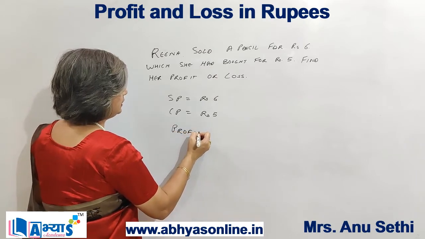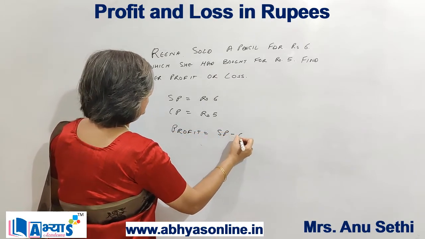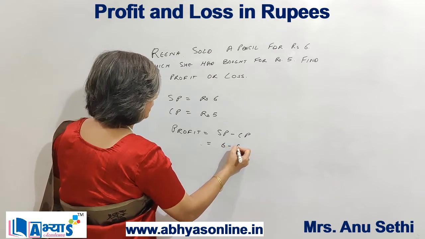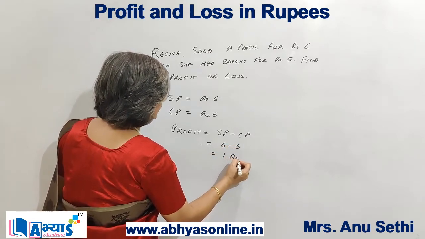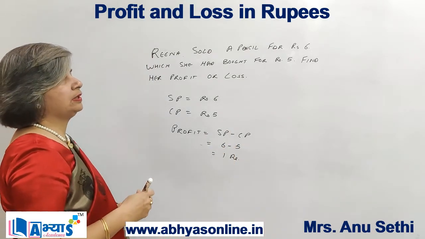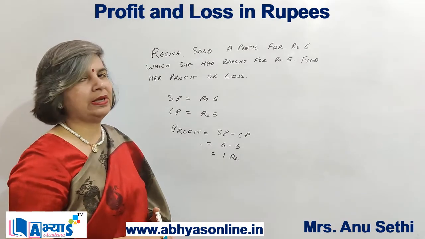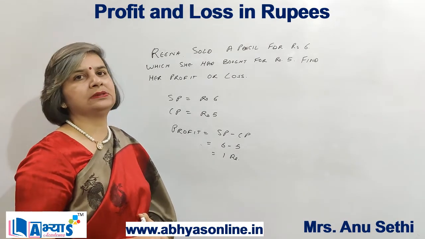So profit is equal to SP minus CP, or 6 minus 5, which is equal to 1 rupee. So we can say Reena is making a profit of ₹1 by selling the article at ₹6.